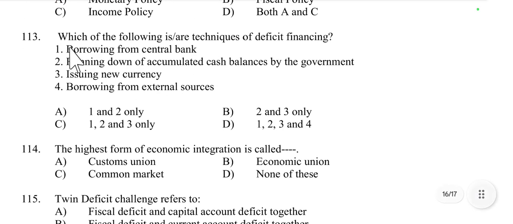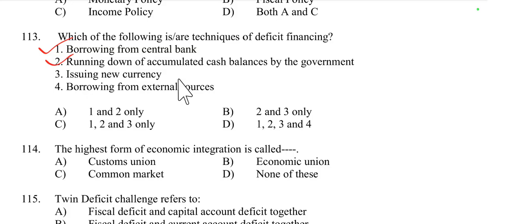Then question number 113: which of the following is or are techniques of deficit financing? First one is borrowing from the central bank. When we are in the deficit financing stage, we borrow from the central bank. This is right. Then running down of accumulated cash balance by the government. Yes. Then issuing of new currency. Yes.